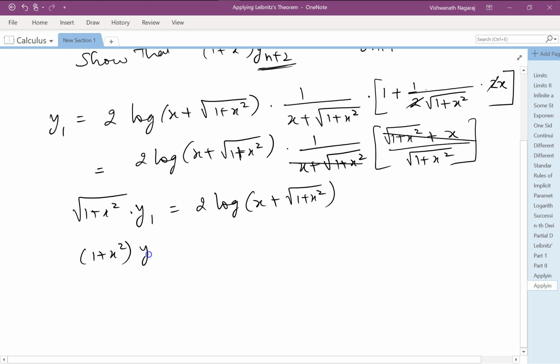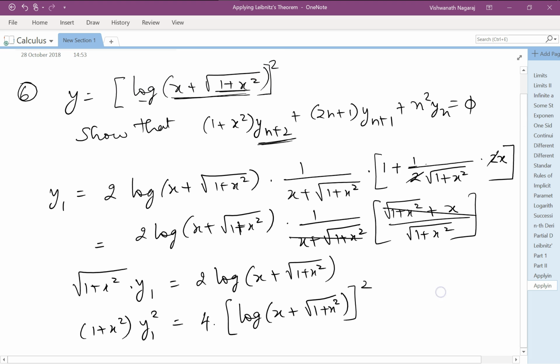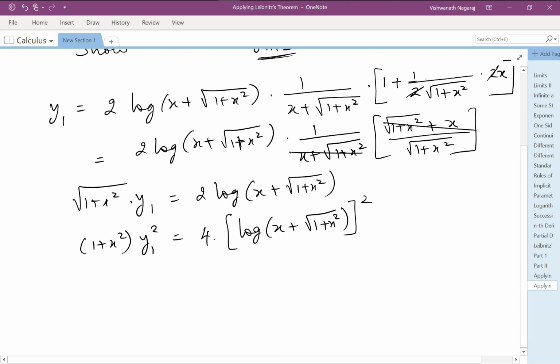The square root goes off, this becomes y1 square, this becomes 4, this becomes log x plus root of 1 plus x square the whole square. Yes, which is what exactly y is. So which means we can make this as 4y, and this remains 1 plus x square y1.